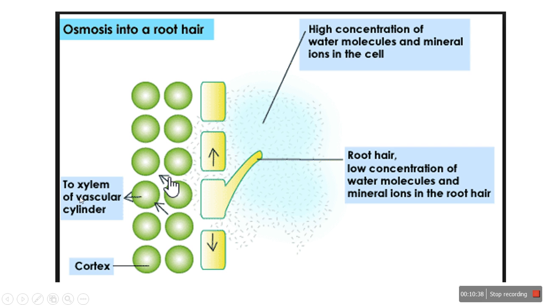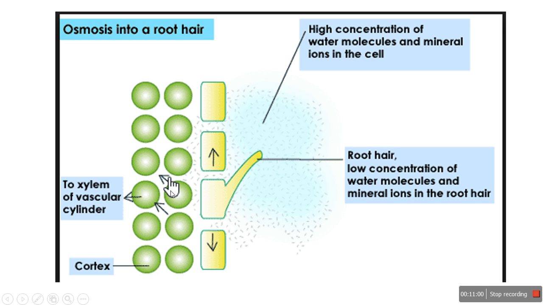Remember, the xylem is going to be moving water up the stem very, very quickly. So the xylem will be maintaining that low concentration gradient in it there. So there's always going to be a slightly higher water potential here than there is here. Then there's going to be a higher water potential here than there is here.